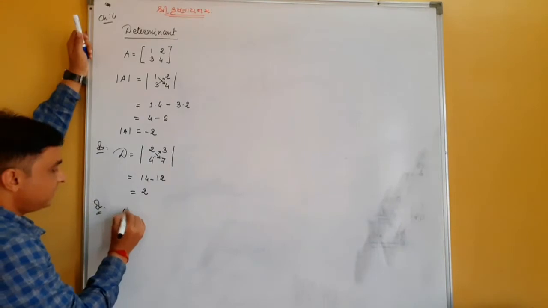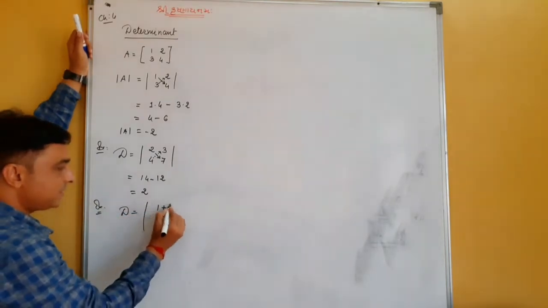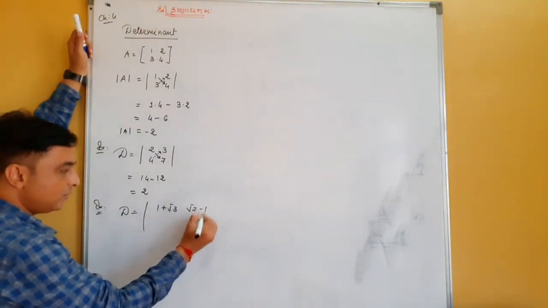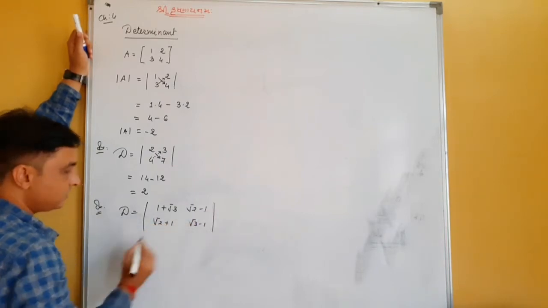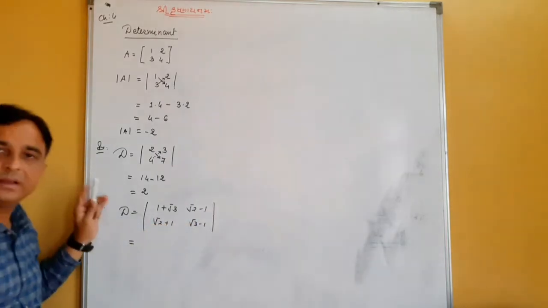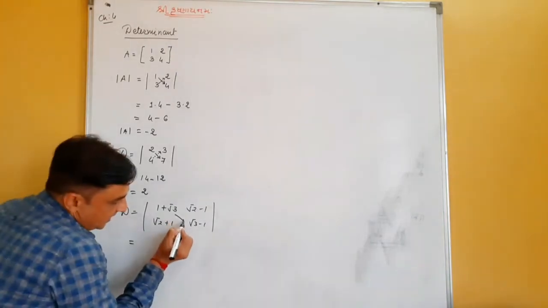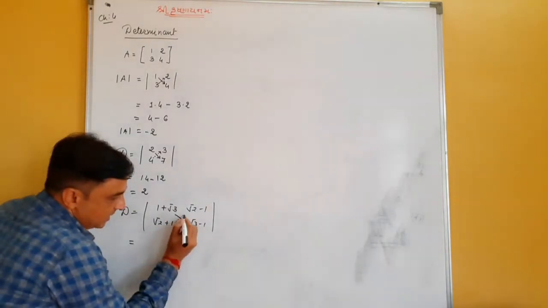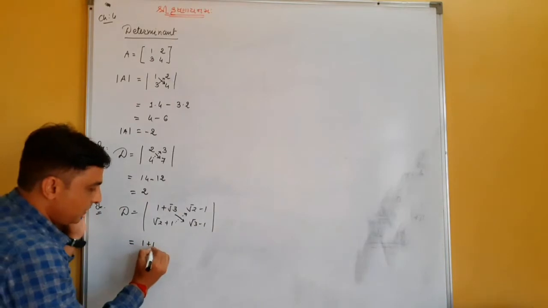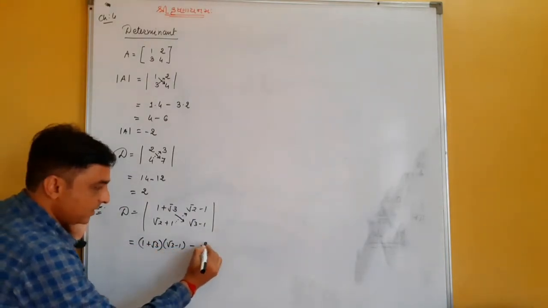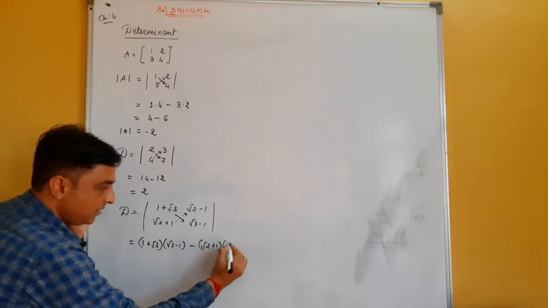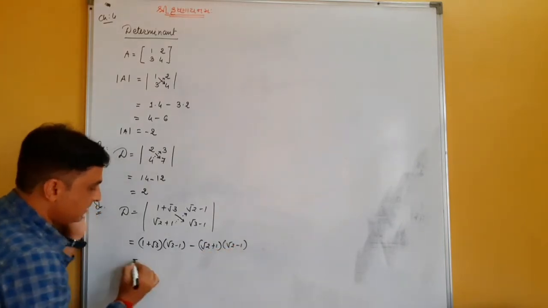Next example. Determinant of 1 plus root 3, root 2 minus 1, root 2 plus 1, root 3 minus 1. Product of these two elements minus product of these two. So (1 plus root 3) times (root 3 minus 1) minus (root 2 plus 1) times (root 2 minus 1).